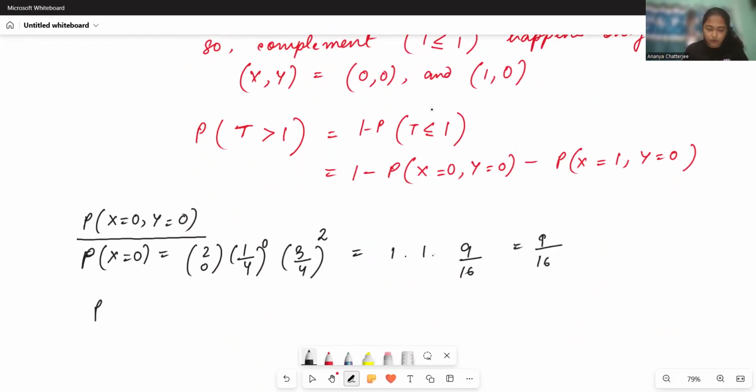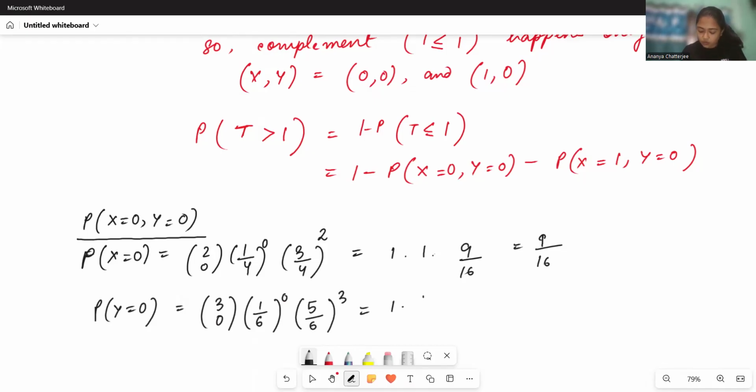Okay. Now probability y is equal to 0. What is probability y is equal to 0? 3C0, 1 by 6 to the power 0, 5 by 6 cube. Now this is 1, 1 and 125 by 216.